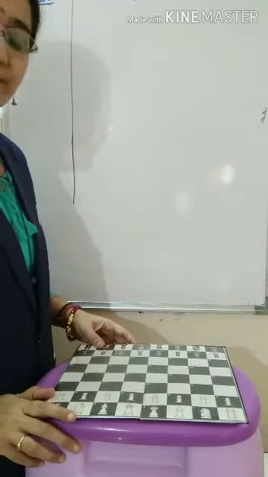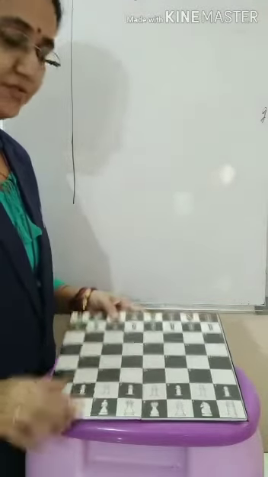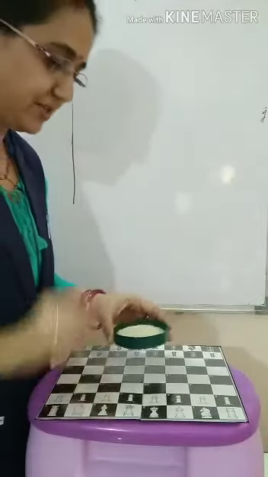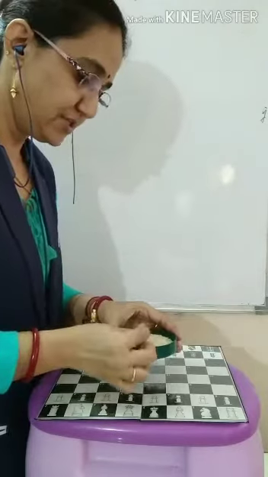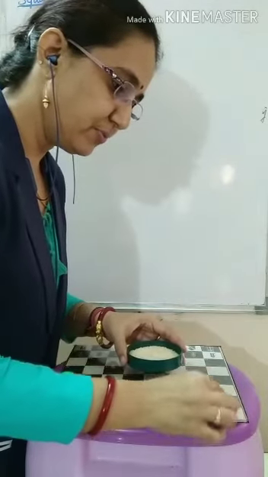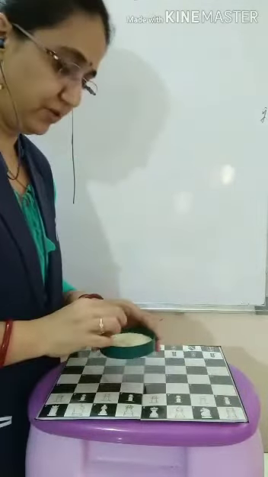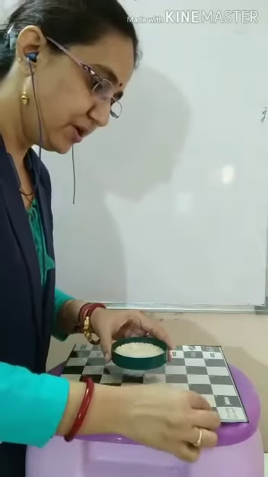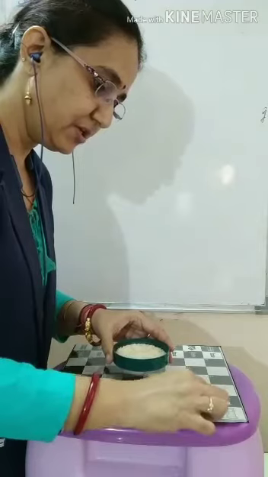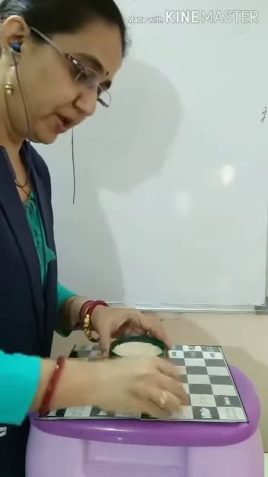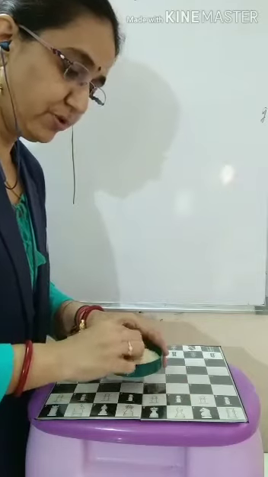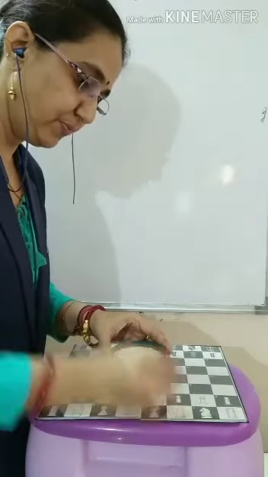Now let us try this. For this, we have taken a chessboard and a few grains of rice. So the sage said on the first square the king is supposed to put 1 grain of rice. Then on the consecutive, the next one, he is supposed to double. Double means on the second it is going to become 2, and on the third square he is going to put 4, because 2 plus 2 is 4.